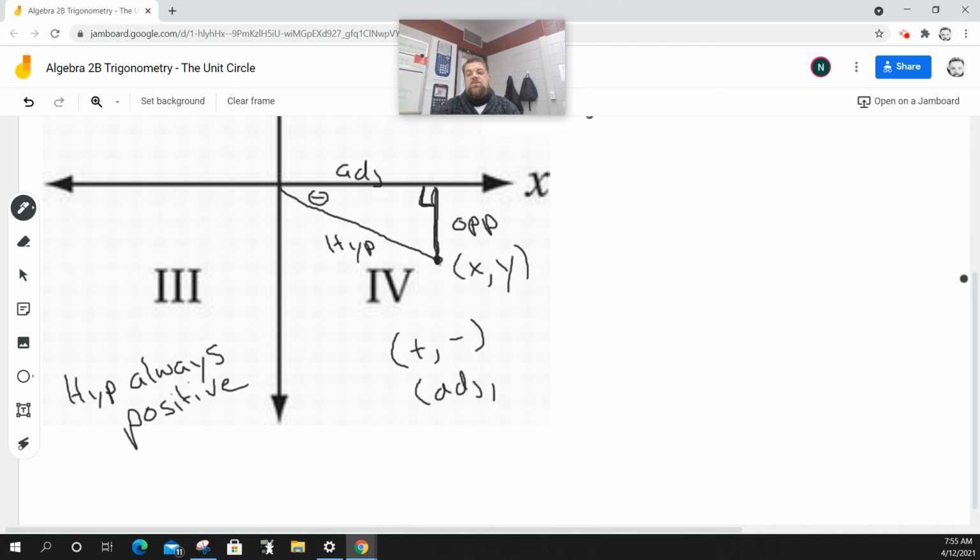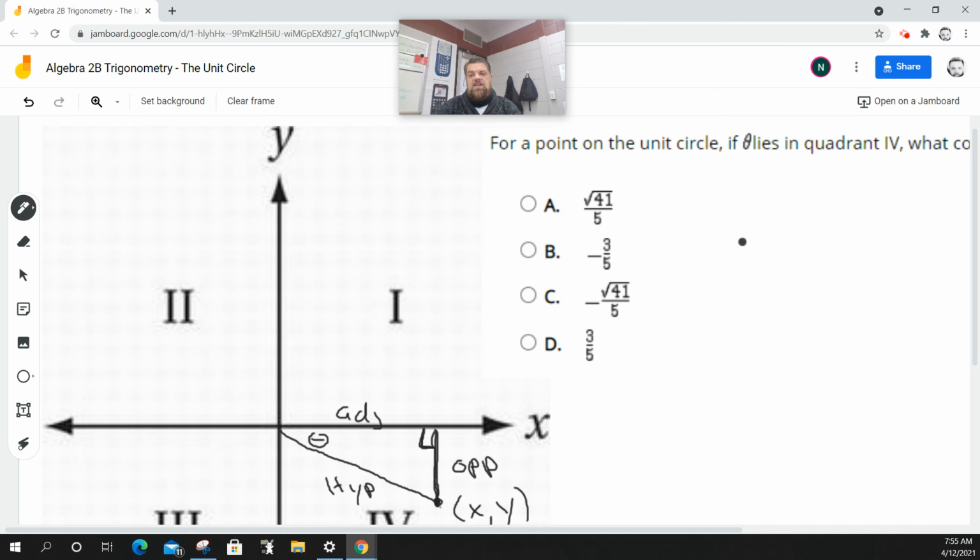Okay, so what is cosine? Well, remember that cosine, if we think of SOHCAHTOA, cosine of theta is equal to the adjacent over the hypotenuse.